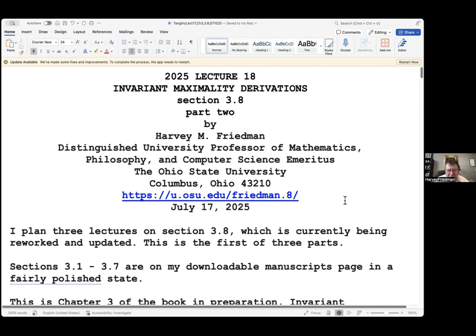Okay, so I really want to wrap up this central part of the book, in particular this chapter on derivations. I want to wrap it up next week.